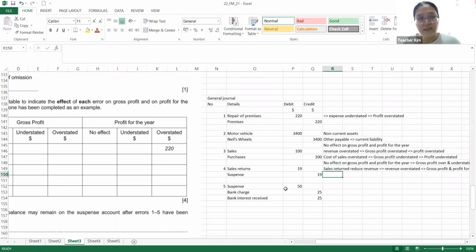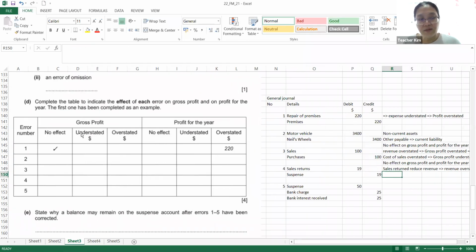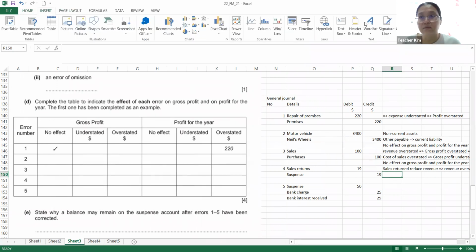So in this case, this gross profit increases by 19. Okay, let me put it in.